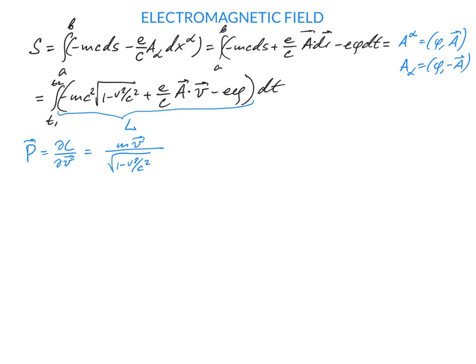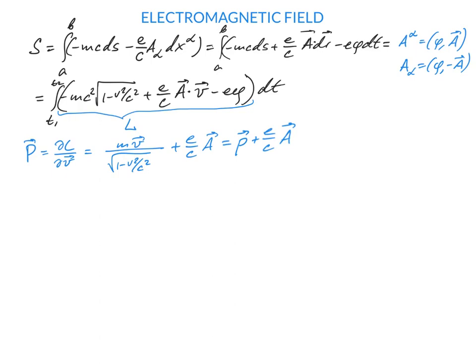The term with A dot v will give us plus e over c A. We can further write this as lowercase p plus e over c A, where lowercase p is just this expression, the same as we had for the free particle. We will call it the kinematic momentum, lowercase p, as opposed to the canonical momentum, capital P, which comes from dL by dv.